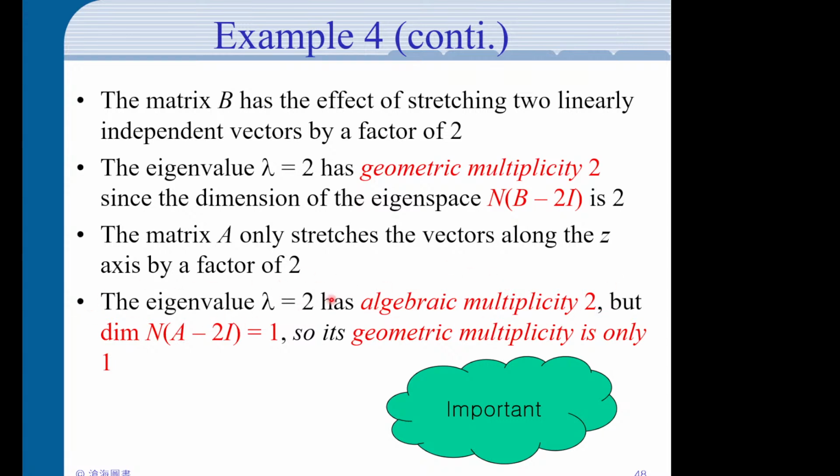The number of roots in the characteristic polynomial, let's call it algebraic multiplicity. So the other way to say you have n roots in the characteristic polynomial is saying that if you add together all the algebraic multiplicities of the eigenvalues, it's going to be n.